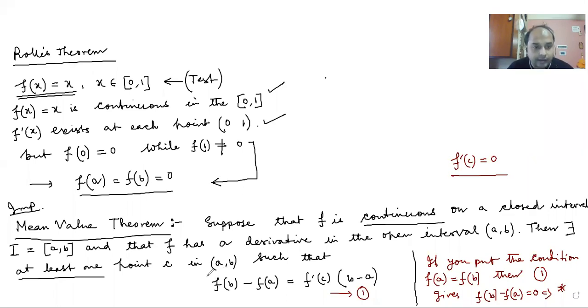The way it was derived, first of all Rolle's theorem was studied, and from that they tried to find some generalization of Rolle's theorem, and they actually hit upon the mean value theorem. So we can derive Rolle's theorem from the mean value theorem by putting this extra condition.